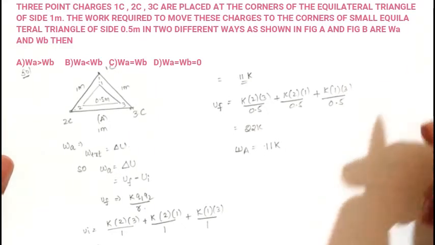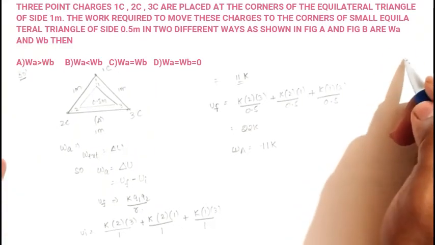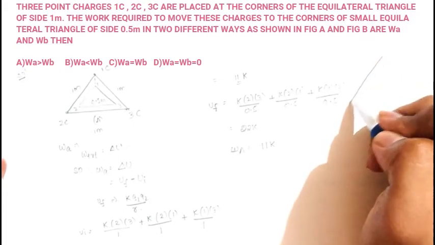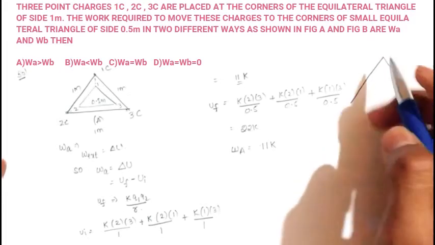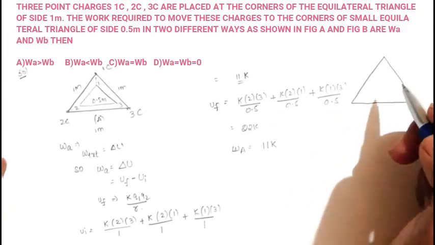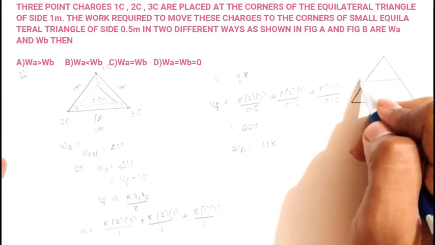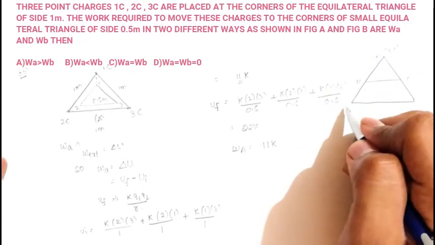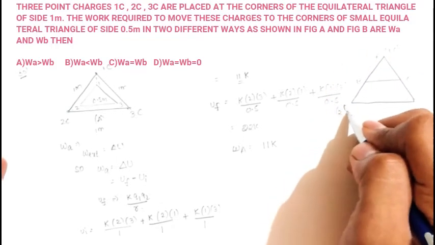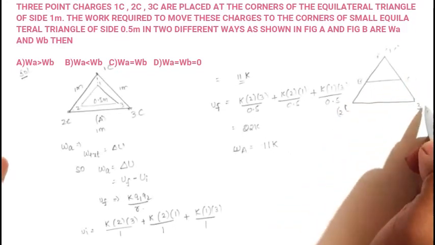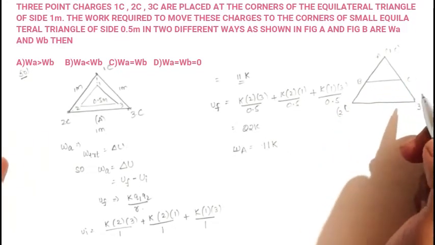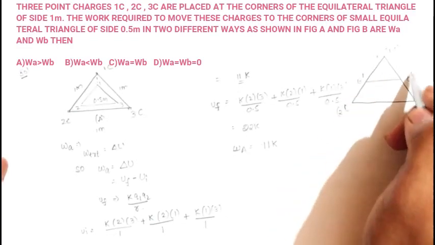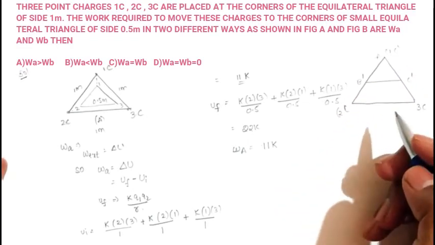Now in the same way, for figure B, this is 1 coulomb, 2 coulomb, 3 coulomb. Let us take these as B dash, C dash, the final positions.